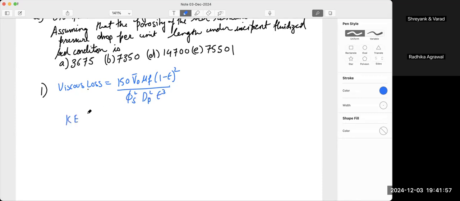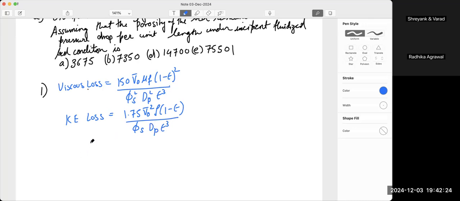And the kinetic energy loss is 1.75 v naught square rho into (1 minus epsilon) divided by Vs into dp into epsilon cube.